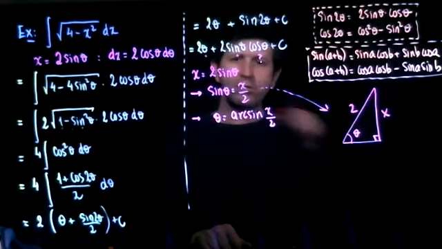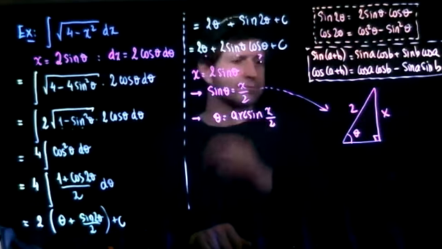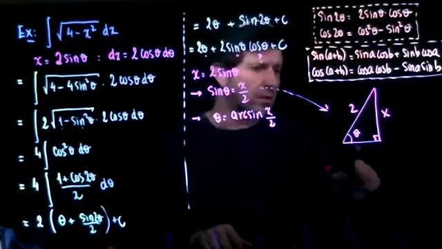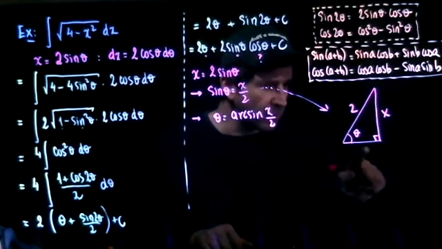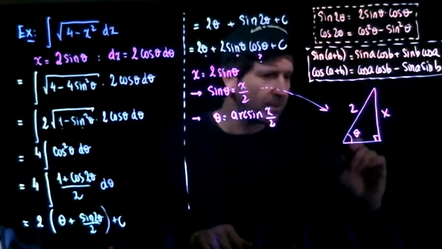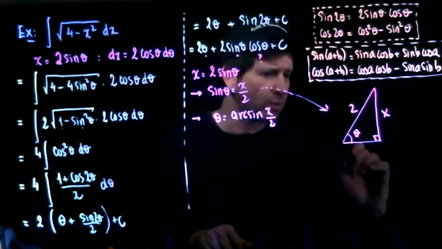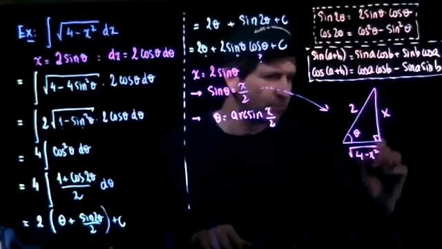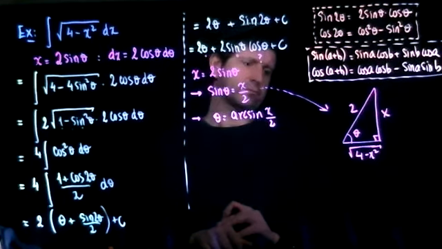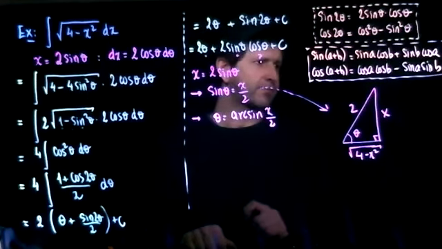This triangle really satisfies this relation. I could find this side here using Pythagoras' theorem: c squared minus b squared equals a squared. So I will have the square root of 4 minus x squared. We recognize that's what we started with. So it comes back again.